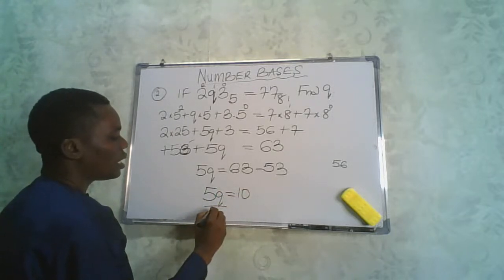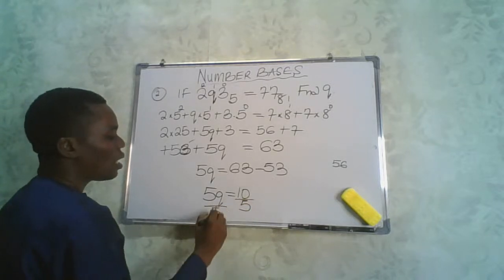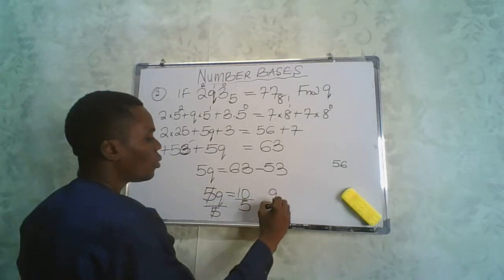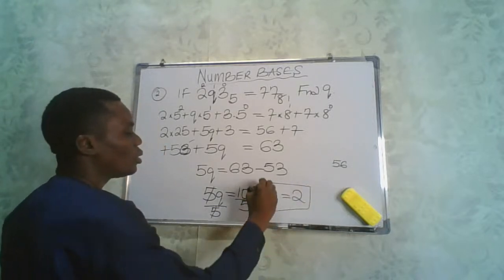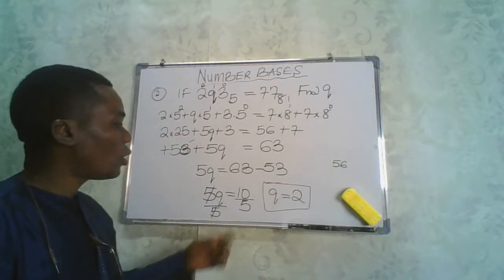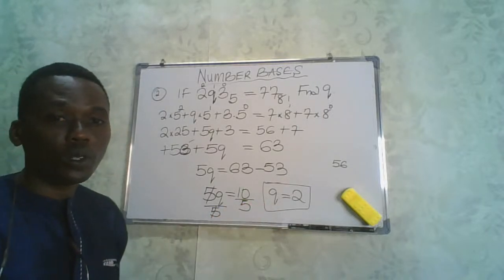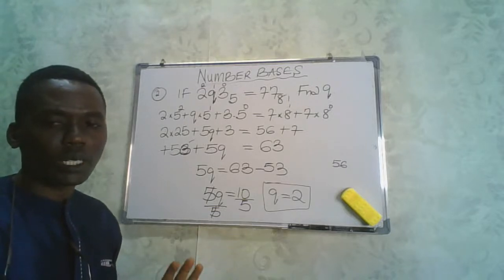If we divide here by 5 and divide here by 5, we'll now have our Q equal to 2. And that is the solution to that question. So you see, the value of our Q is equal to 2.